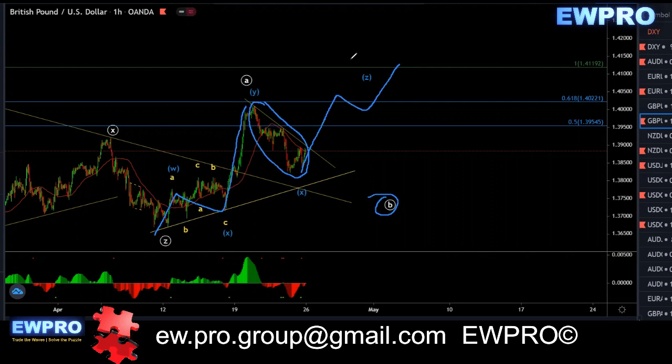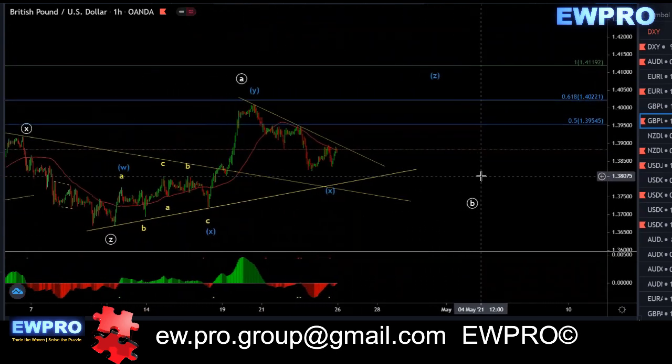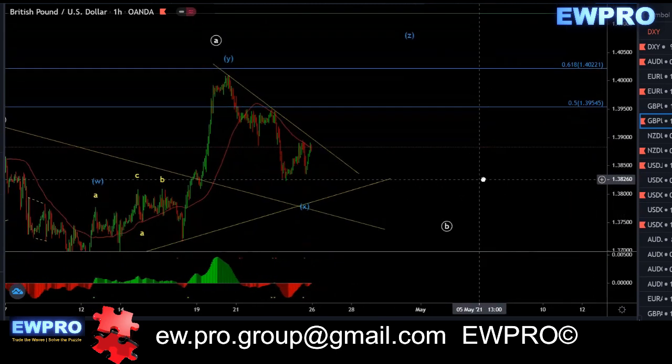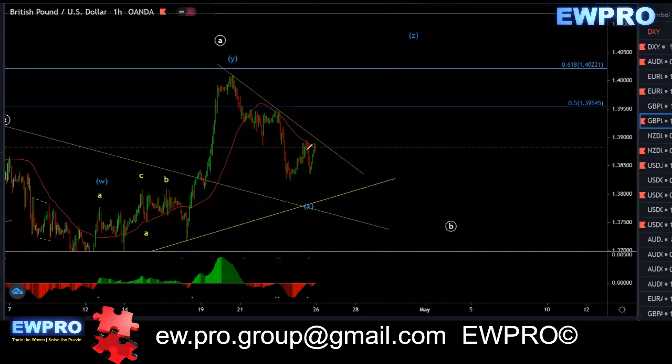So if you get any bullish setup, you can start looking for the buys. Ideally, you want to wait for a good setup. It's not really giving you a good setup. So you want to wait for a flat or something like that, an A, B, and then look for the buy.